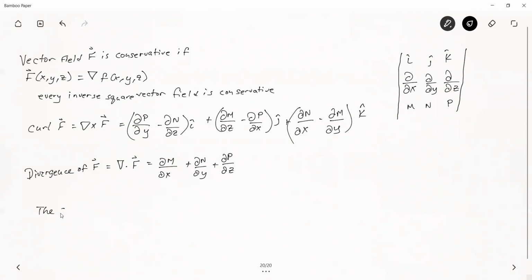And the curl of F will be a vector, and the divergence of F a scalar.